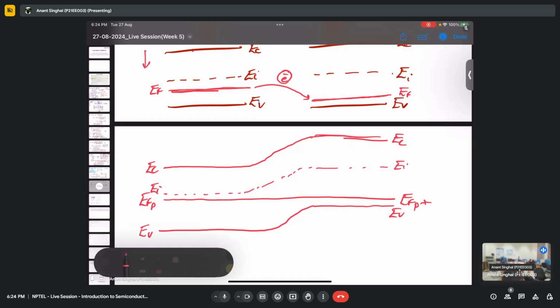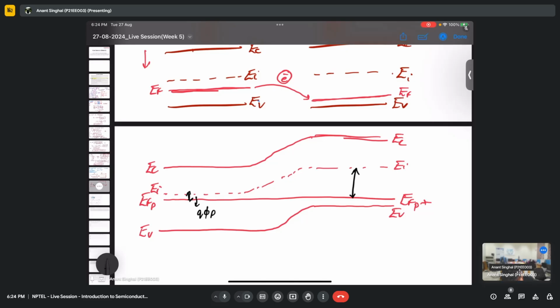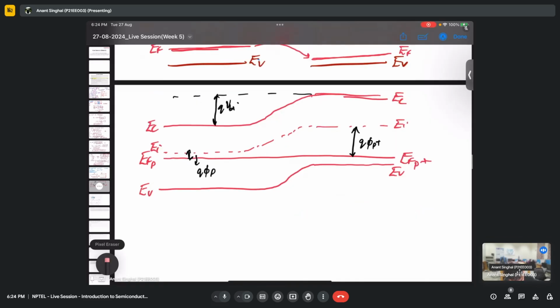This particular distance is nothing but q phi P. This distance is nothing but q phi P plus, and this is VBI, we all know. So VBI is nothing but, as we discussed in the last lecture for NN plus, I guess, q phi P plus minus q phi P.